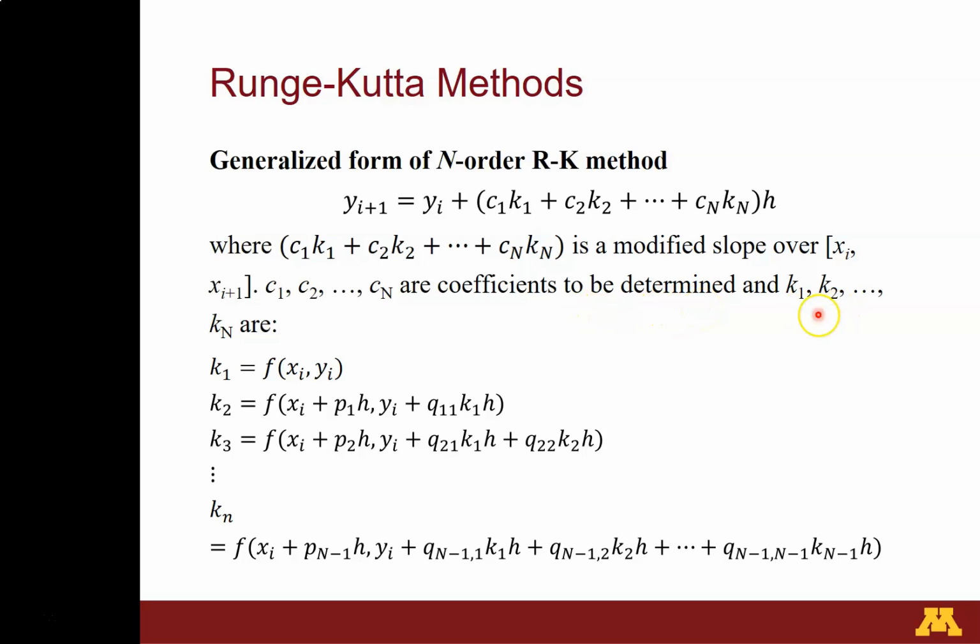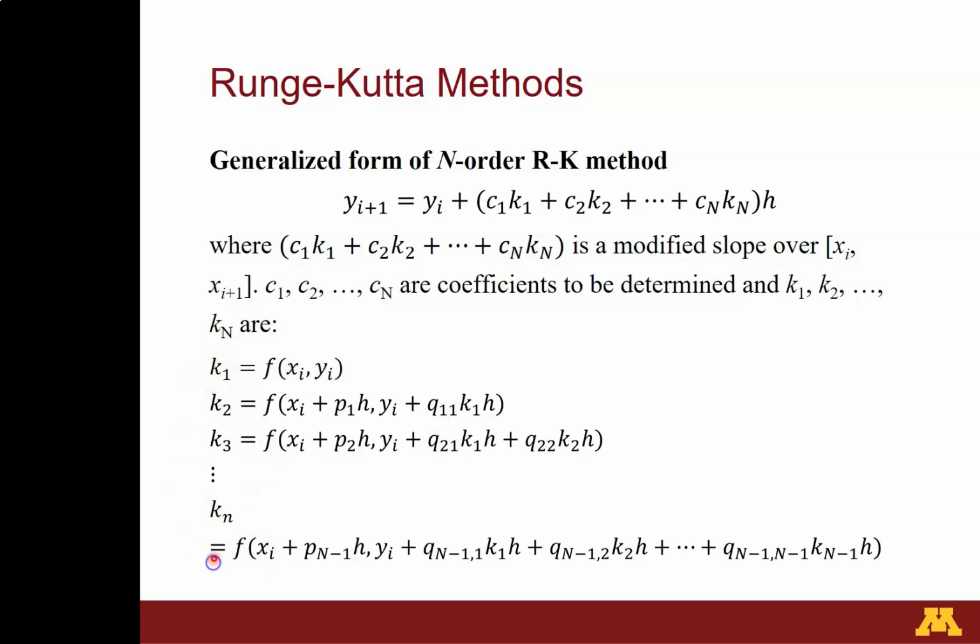K1, K2 are here. See, K1 is actually the slope of the Euler method, right? And K2, this is the general form. P1, Q11 are the other two coefficients.